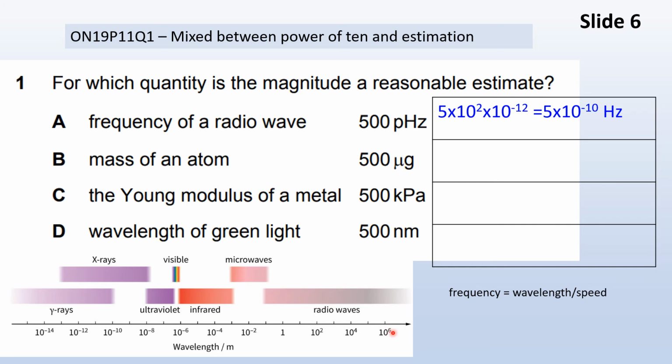Okay, so how are we going to do this now? What if we work from the extremes and see what we get to compare with this? But we need a speed. Because it's an electromagnetic wave, all electromagnetic waves travel with the speed of light, which is 3 times 10 to the 8 meters per second.